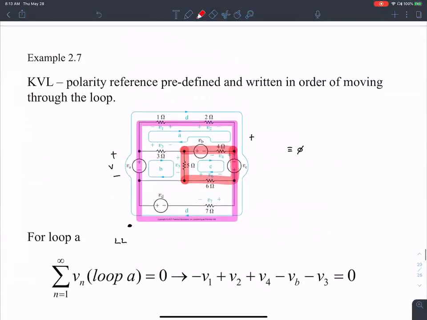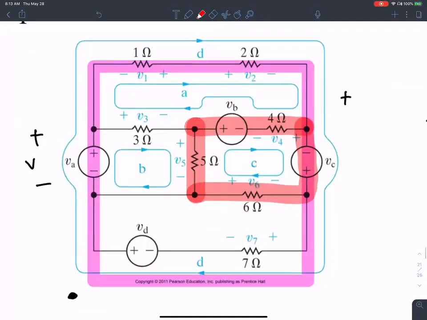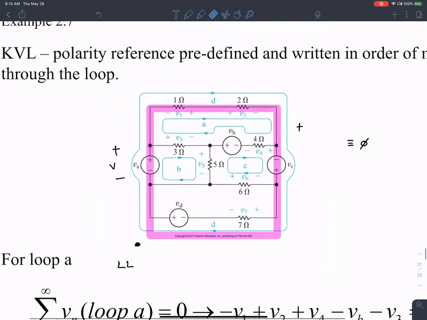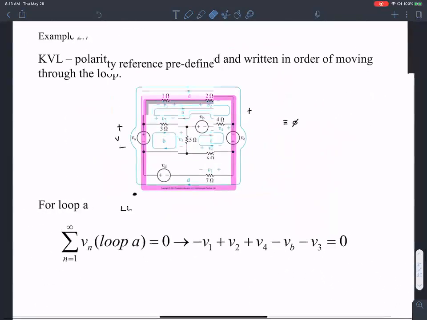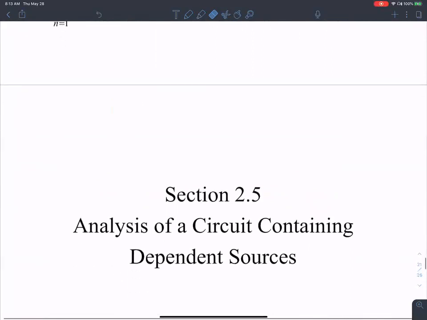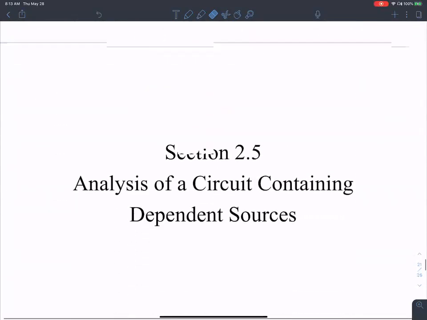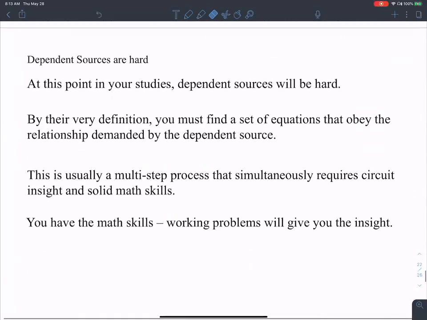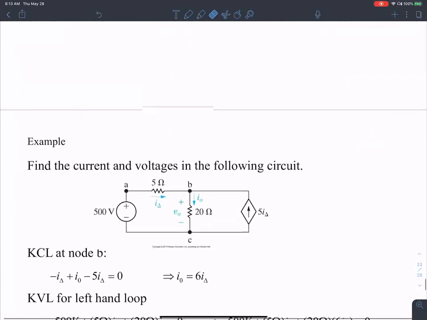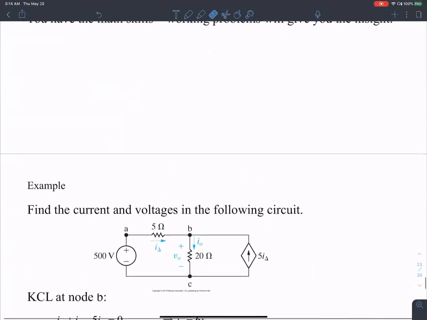Some of these things, I don't want to go more theoretical on this. They're better explained and understood using problems, which is what we are going to do today. That's the idea of KCL and KVL. We look at some problems, and then how to solve circuits that have dependent current sources.